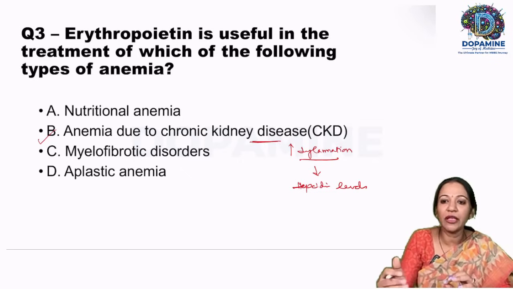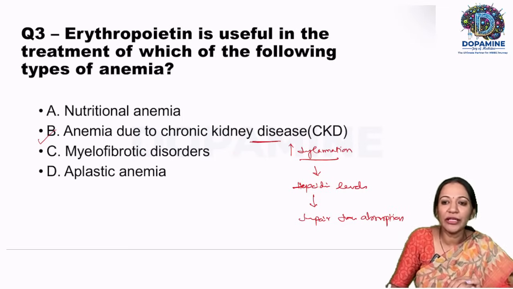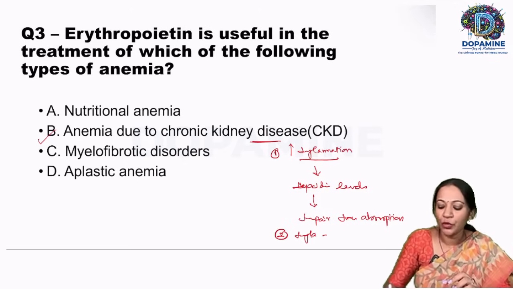The inflammatory mediators indirectly affect the hepcidin levels, so hepcidin will impair iron absorption. That is the problem in anemia of chronic disease. So this is one mechanism. The second mechanism is that inflammation will destroy the RBC precursors.